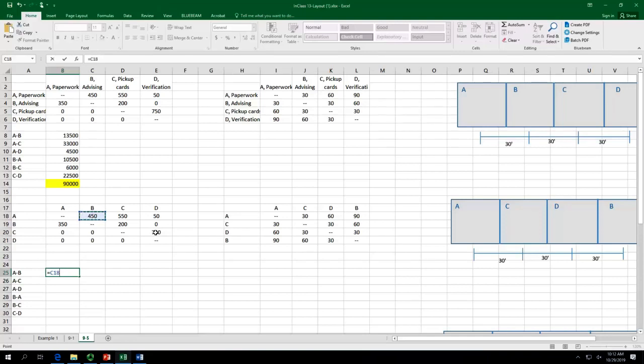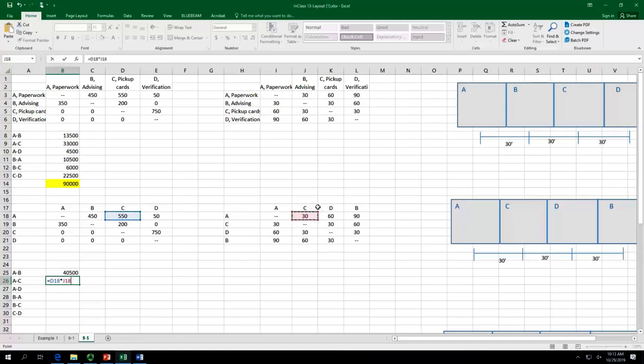It's people is 450, and times the distance. What is the distance over here? A and B, it is 90. It's not 30. So you need to times this number. For A and C, so A and C is 550. So what is the distance? 30.